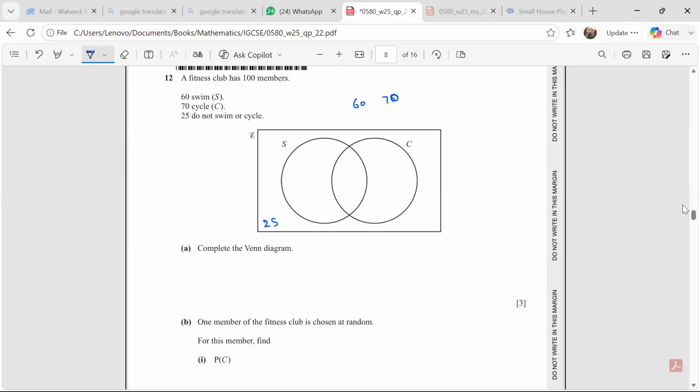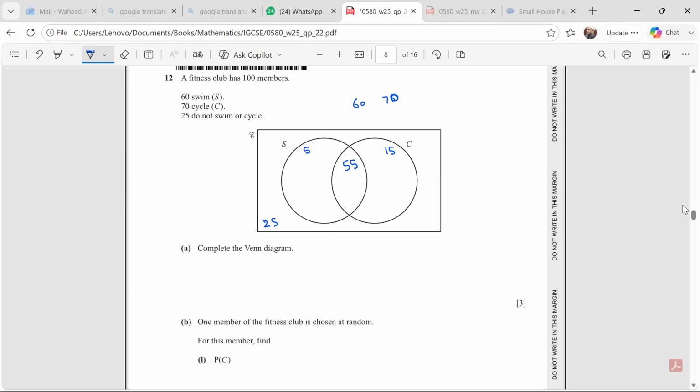So if 70 are here, then there should be 5 only here, right? In the same way, if 60 are here, then here should be 15 only. And swimming was 60, so if 5 is there, then 55 should be over there.